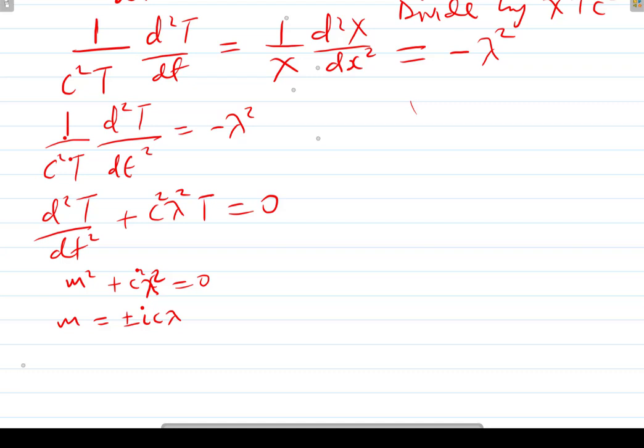And then now T will be equal to, I'll pick constants A cos c lambda t plus B sin c lambda t.